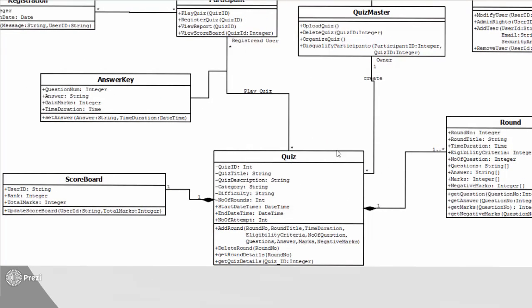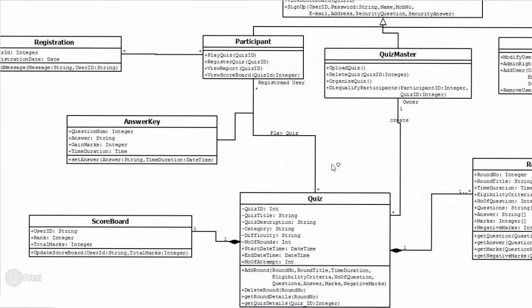A participant can view his scoreboard and compare himself among other participants. A scoreboard is updated on the basis of evaluation of answers given by the participant. Answer key is an association class between participant and quiz, because a particular question and answer and the marks obtained are fields that cannot be put in either the participant or quiz alone.